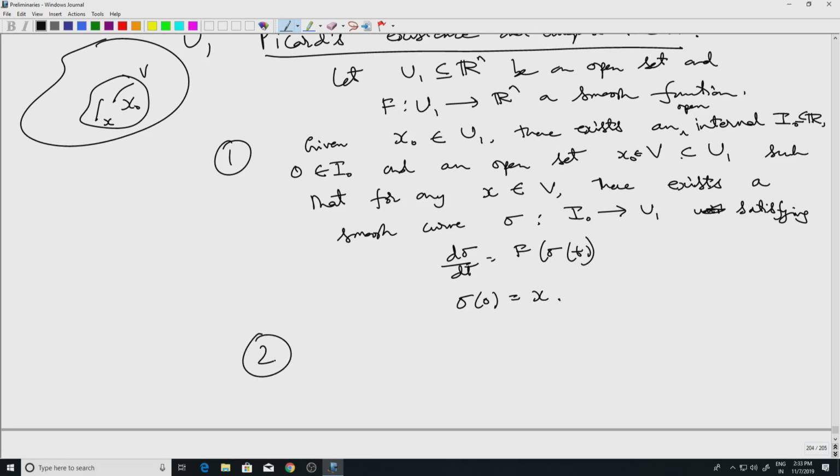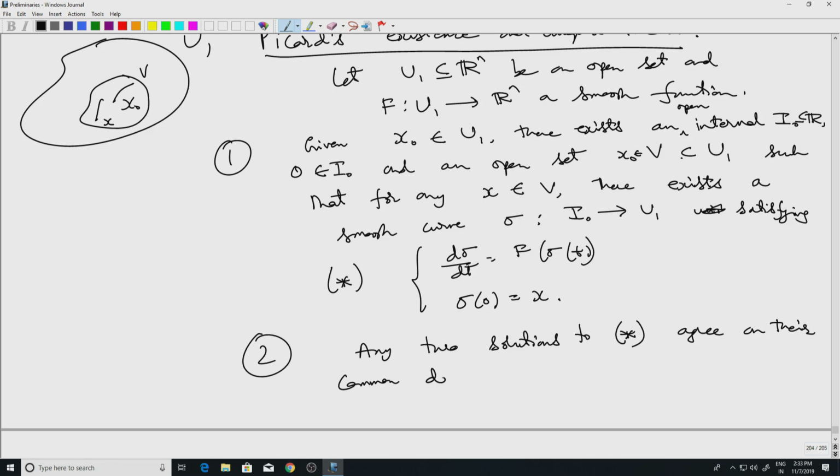Second statement is that any two solutions to star agree on their common domain.